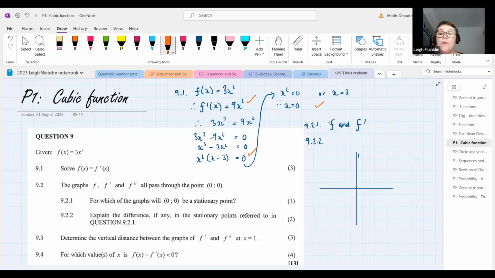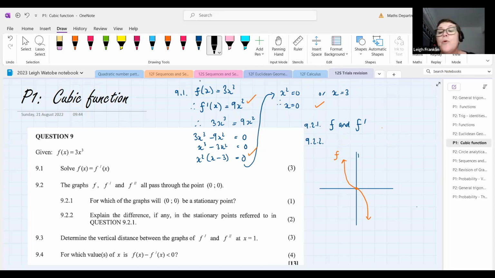All right, so we've obviously been out of practice for a little while. Your cubic function would do something like that. So this point over here is going to be a stationary point that is also a point of inflection. That's going to be the graph of f.